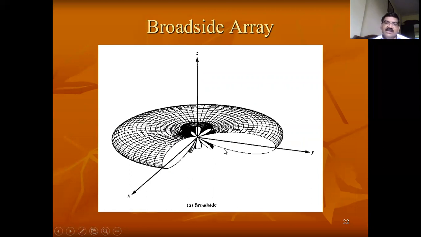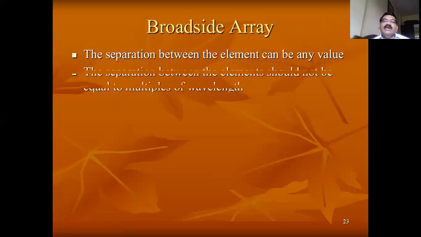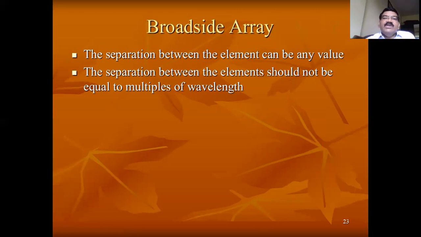This is the broadside array 3D pattern. The separation between the elements can be any value that you decide, but it should not be equal to a multiple of the wavelength. What does it mean? If you are taking d, and your wavelength is lambda, then d should not be a multiple of lambda.